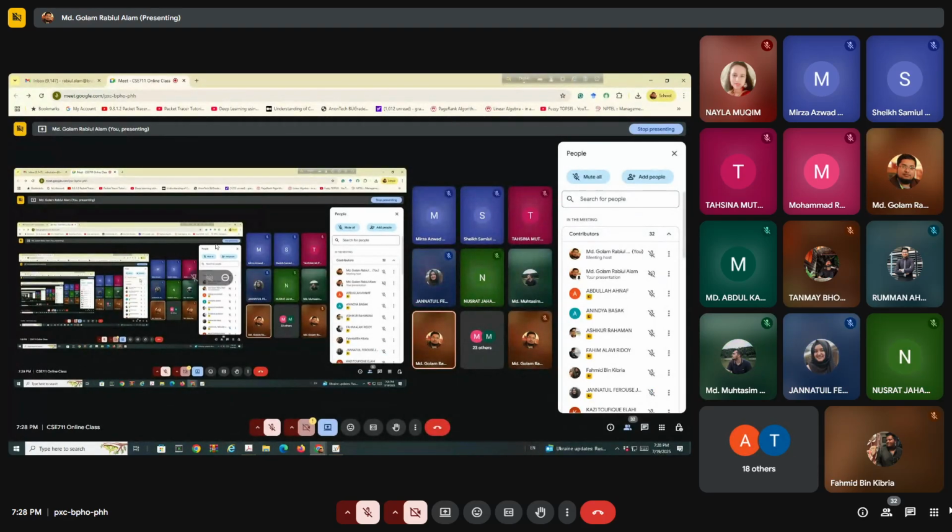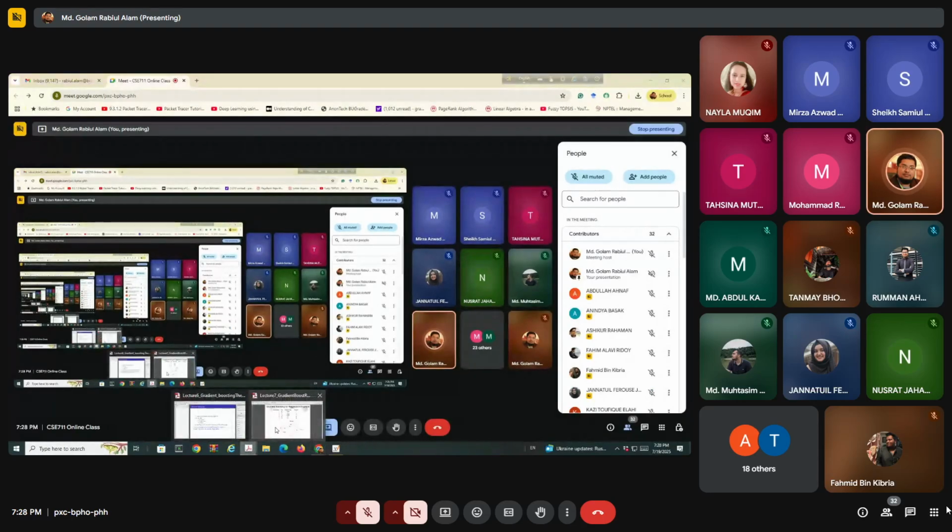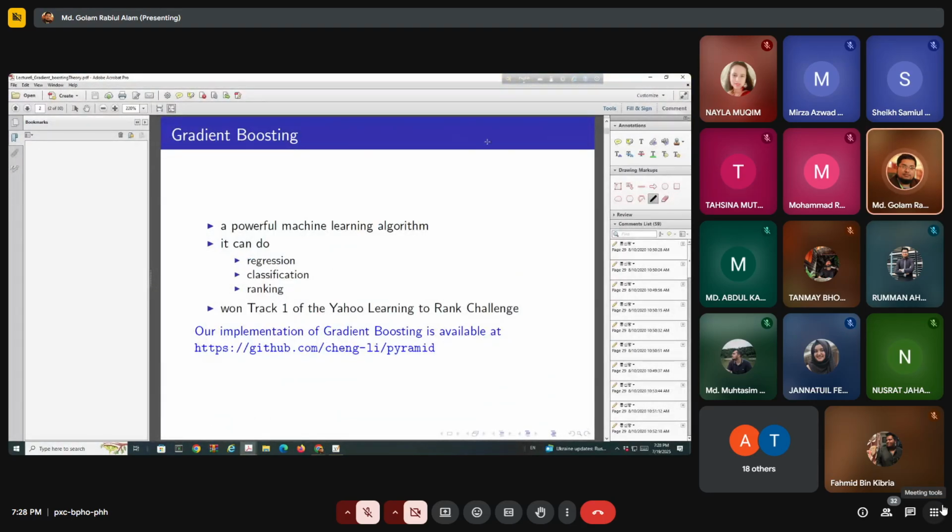Okay. Then we can start our today's lecture on gradient boosting. Gradient boosting is one of the powerful boosting algorithms. In gradient boosting, it also utilizes some of the excellent boosting methods.